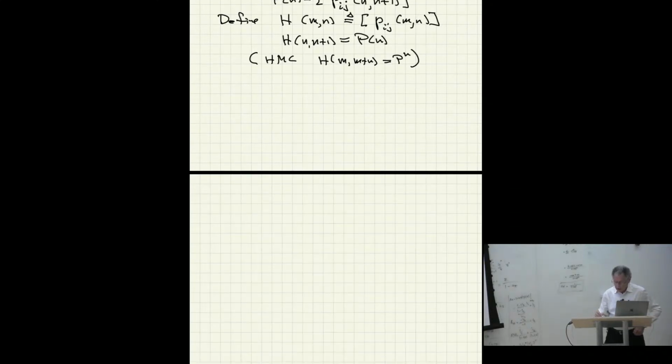So we can write the Chapman-Kolmogorov here again. In general, in terms of this, H of m and n will be H of m comma q times H of q comma n.